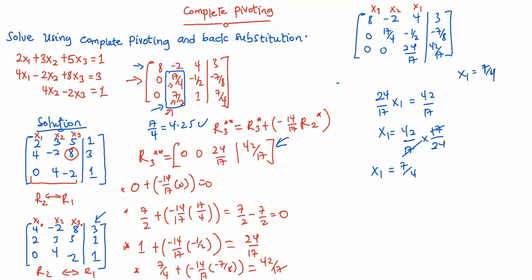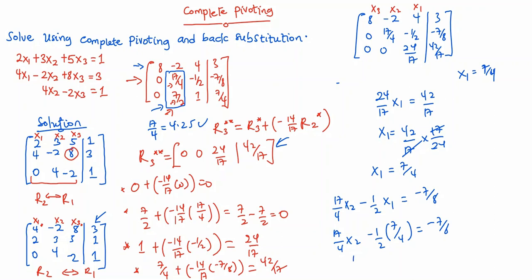7 on 4. And then now let's find x2 also. So for x2, you're going to have 17 on 4 x2 minus half x1, and this will be equal to minus 7 on 8. So let's look at that. You have 17 on 4 x2 minus 1 over 2 multiplying 7 on 4, equal to minus 7 on 8. So minus half multiplying 7 on 4, when you do this, you're going to get minus 7 on 8.